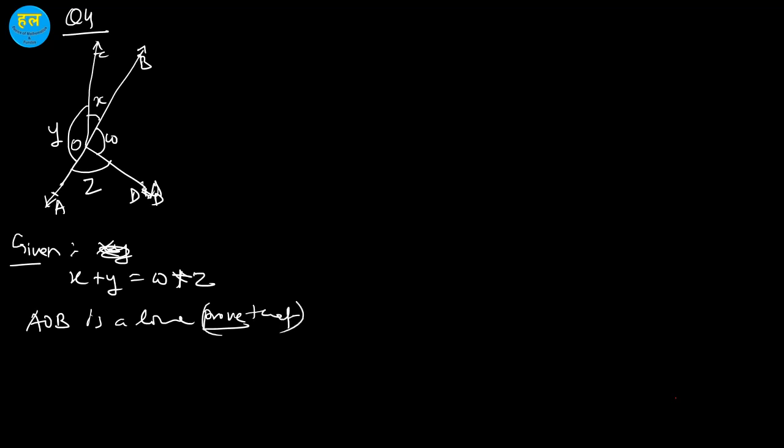We have to prove AOB is a line. Now, to prove any ray or any points a line, we have to prove that this makes 180 degree. If angle AOB makes 180 degree, we can prove that this is a line, right?